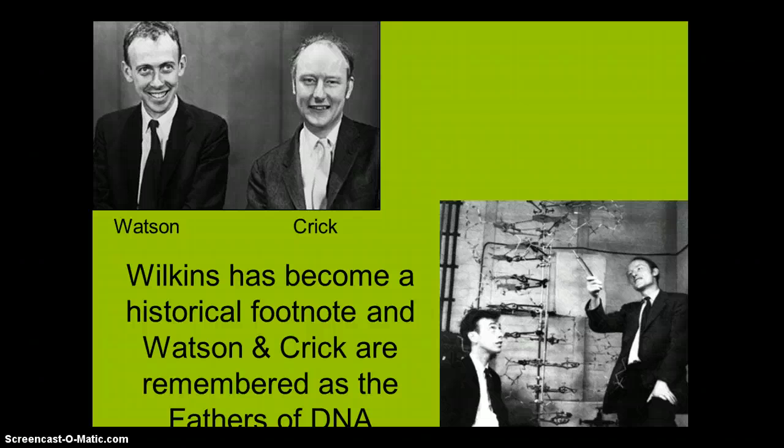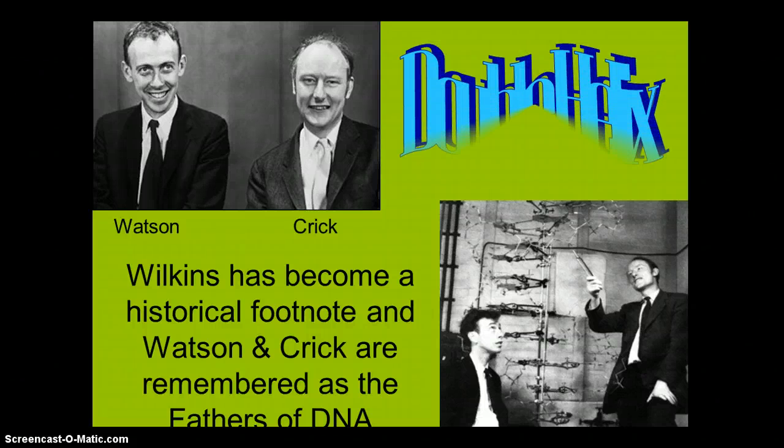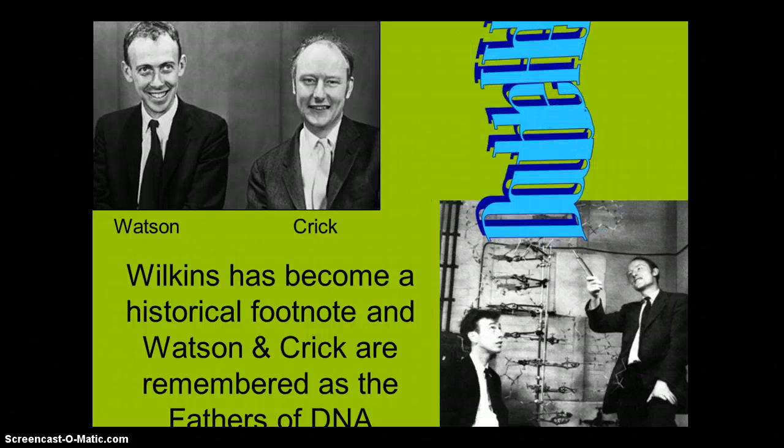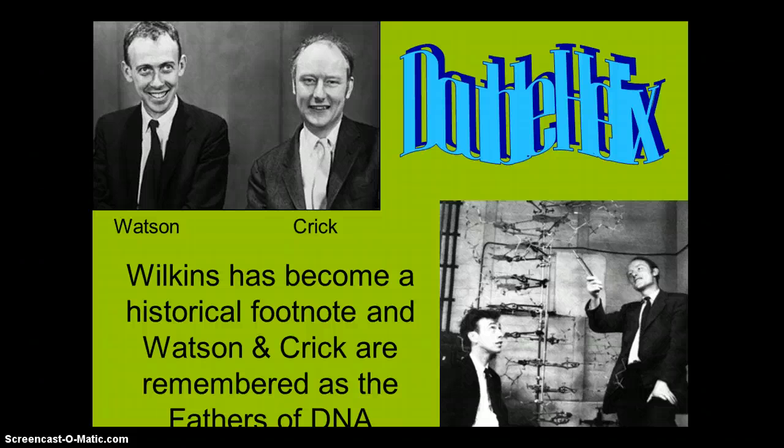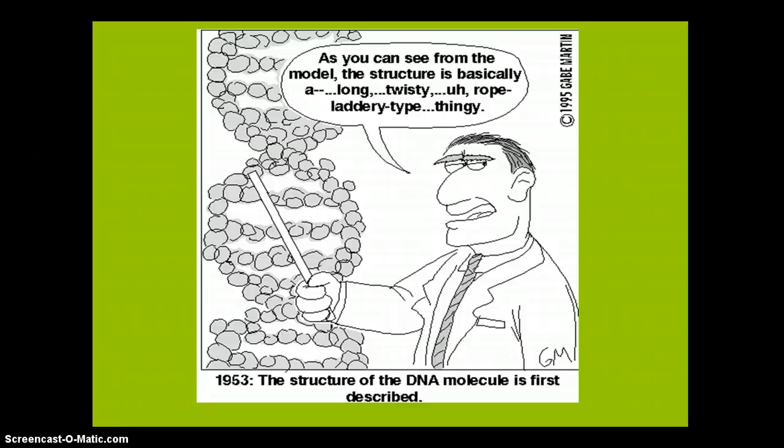And Watson and Crick became a historical footnote and were known as the fathers of DNA because they actually took this information and pinpointed and named the actual structure of DNA, and they called this the double helix. And the double helix is actually just this, and this is kind of a cartoon to make fun of it.